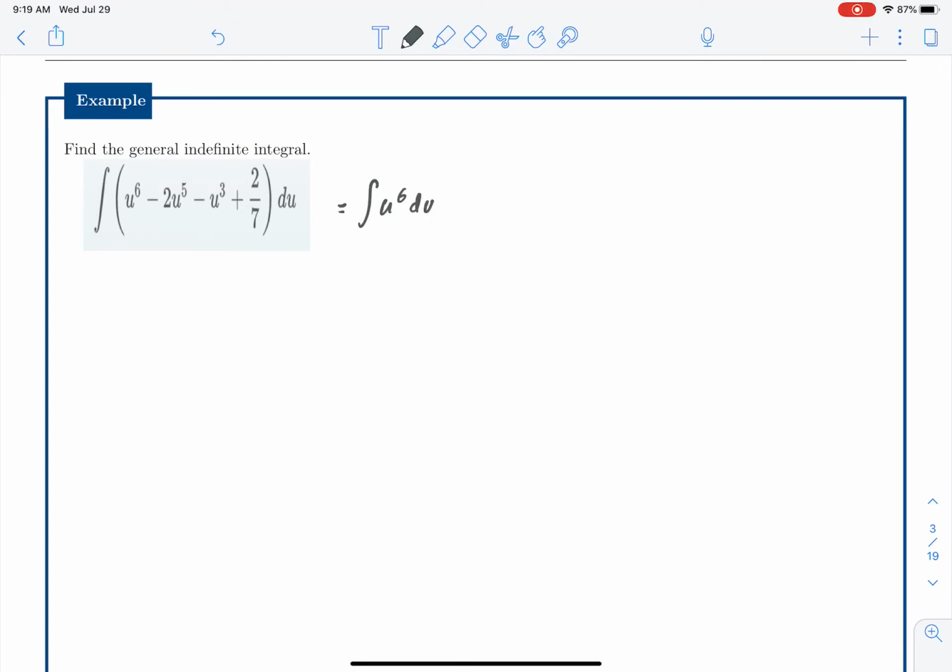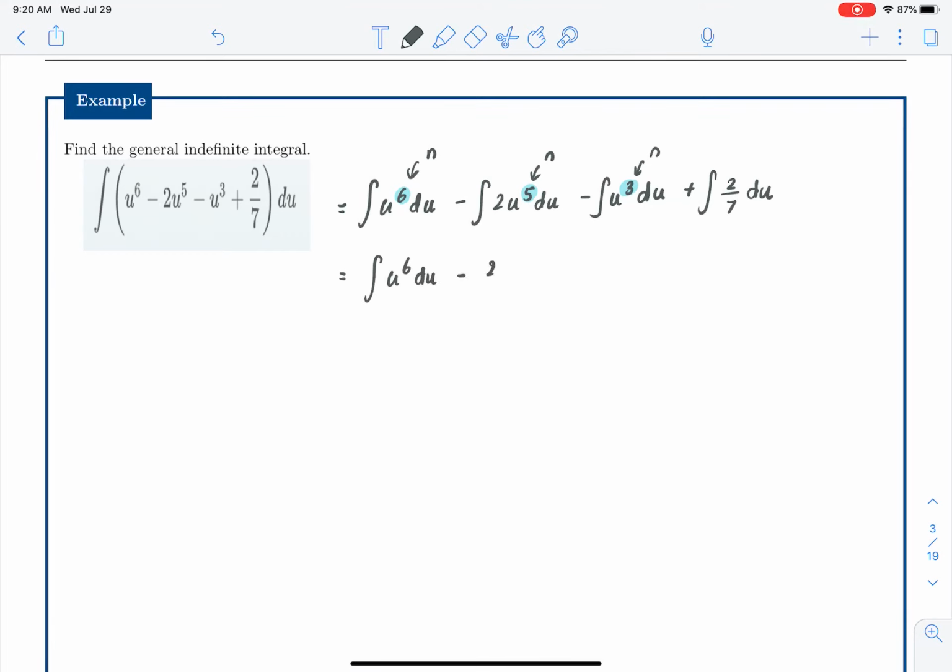So integral u raised 6 du minus integral 2 u raised 5 du minus integral u cubed du plus integral 2 over 7 du. n here is 6. n there is 5. n there is 3.